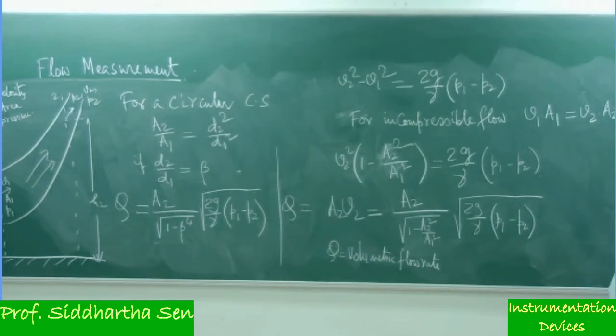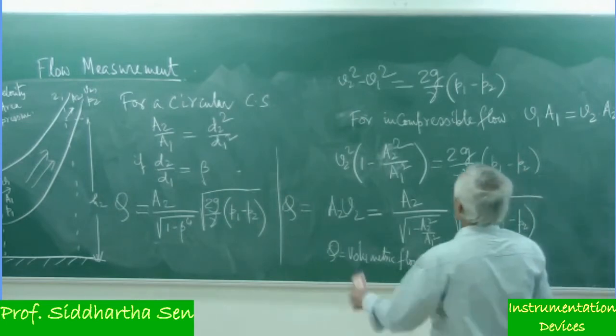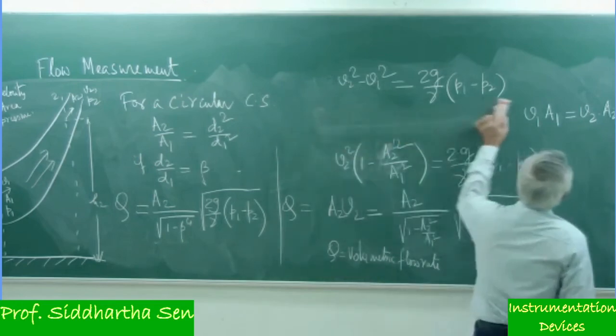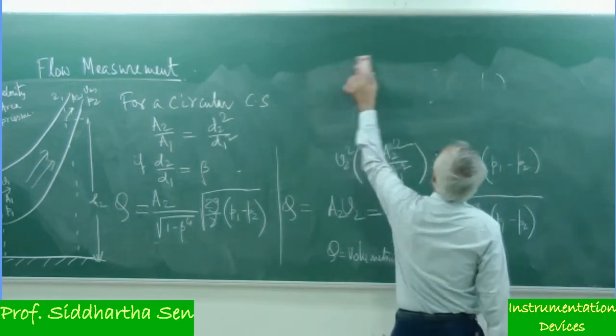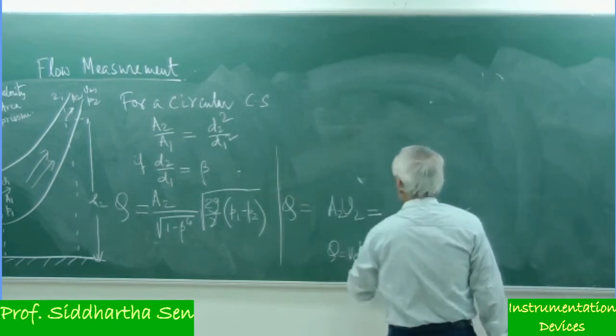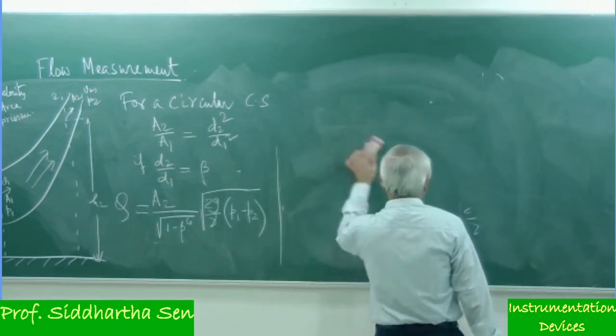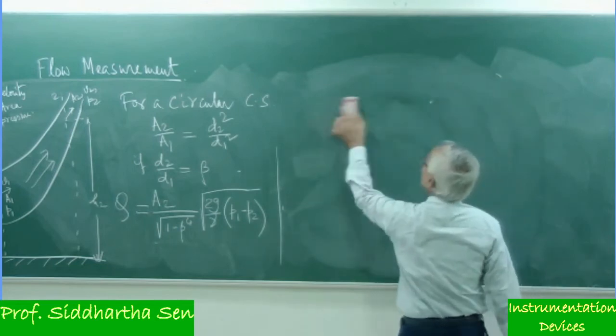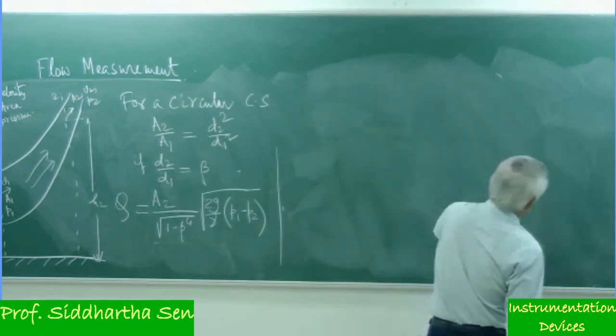So, from this one, we go to the actual construction of the flow meter. First of all, we go for the orifice type flow meter.